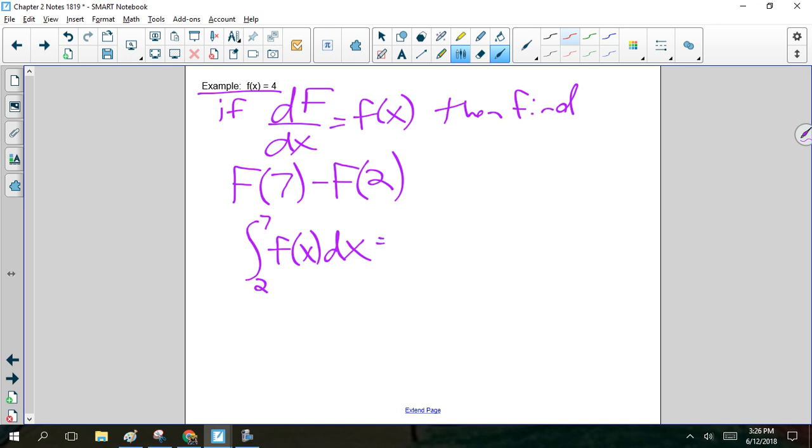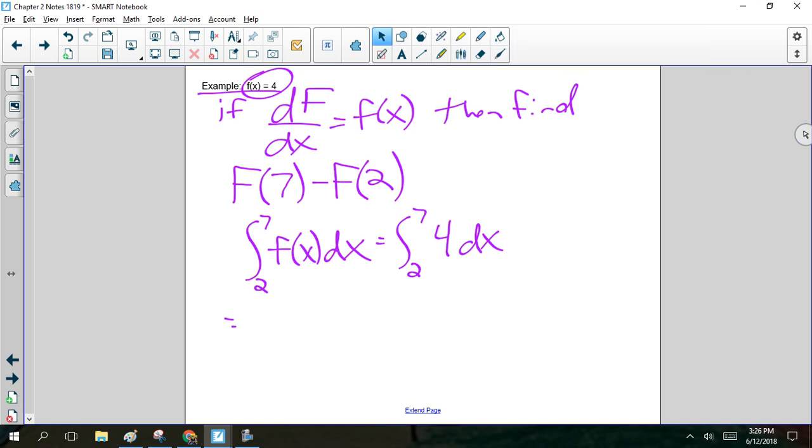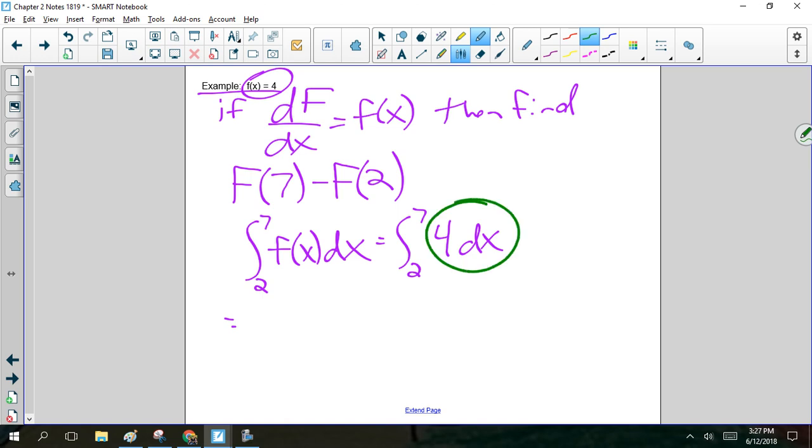So this is the integral between 2 and 7 of, remember, f of x is just 4, so 4 with respect to x. And the way that you write this is you take the integral of this mess, and you don't worry about the c. To be clear, now we're doing a definite integral, because notice I'm looking for the change in the value of my function, right? And so that tells us it's a definite integral, okay?